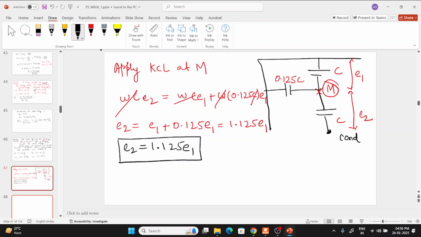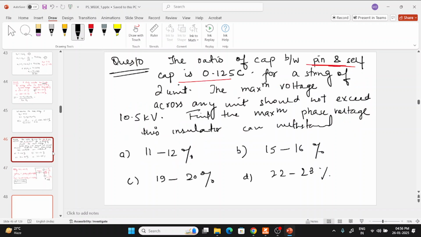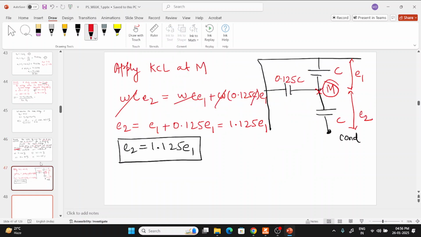This is the only equation we get by solving this. But the problem here is that we have two variables and one equation. So there must be some information given in the question. In the question it has been given the maximum voltage across any unit should not exceed 10.5 kV. Find the maximum phase voltage. And we know that कि maximum voltage कहाँ occur होता है?